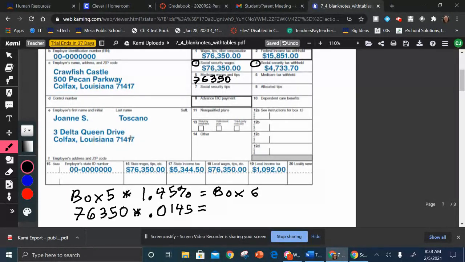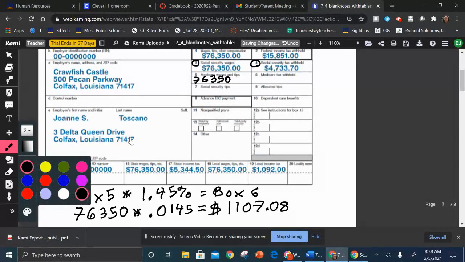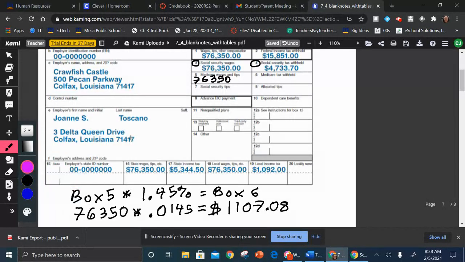And we get $1,107.08. Okay, so everybody, that's what we're going to put in right here. So the $1,107.08. Okay, so that's what we would put in there.